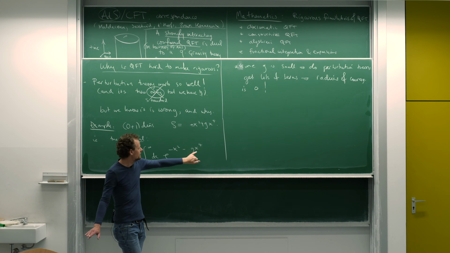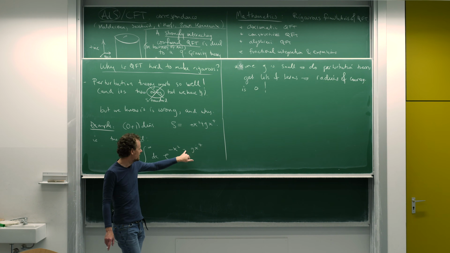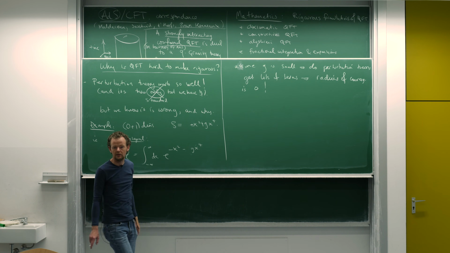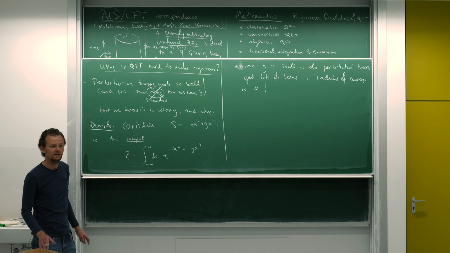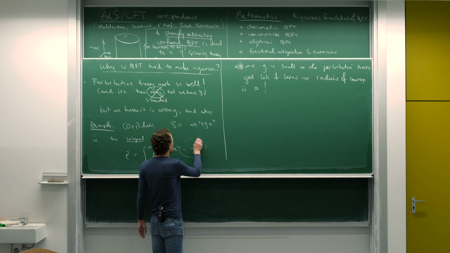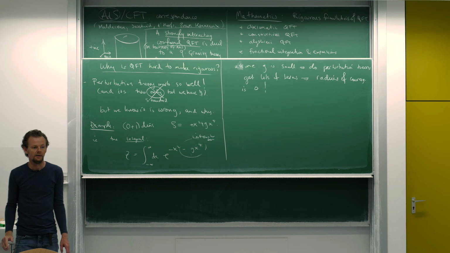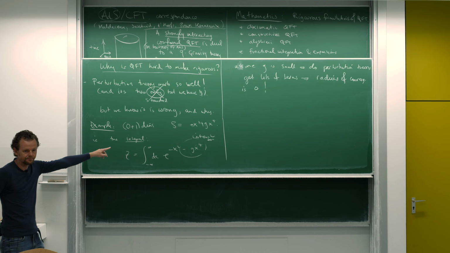But if G is not 0, that thing is positive for all x, and there's a minus sign here. So this should be more convergent when you add G. That's exactly what's going on. The interaction term only improves the convergence of this integral, but perturbation theory can't make use of this information.